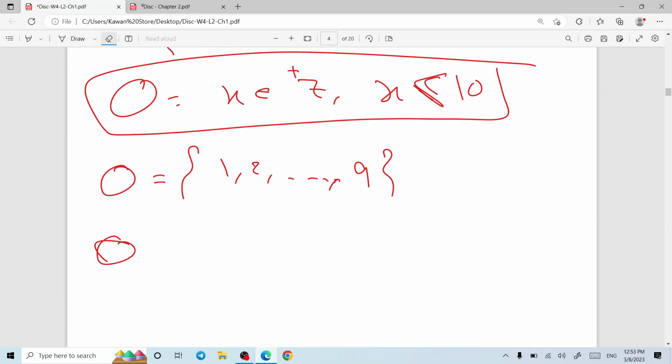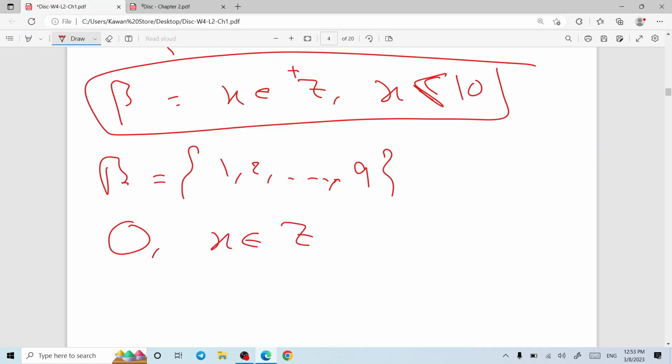How about if I say, let me name that one B. How about if I say O is a set where x belongs to the positive integers, but x is less than 10 and x is odd.